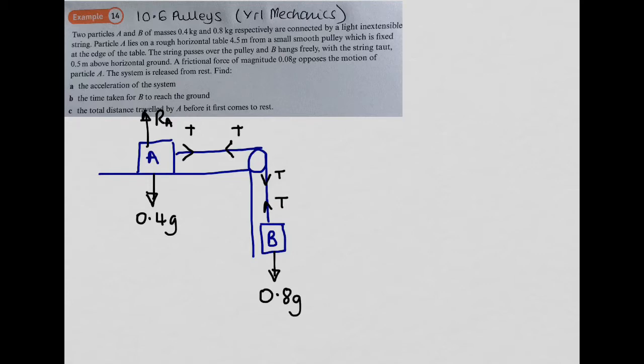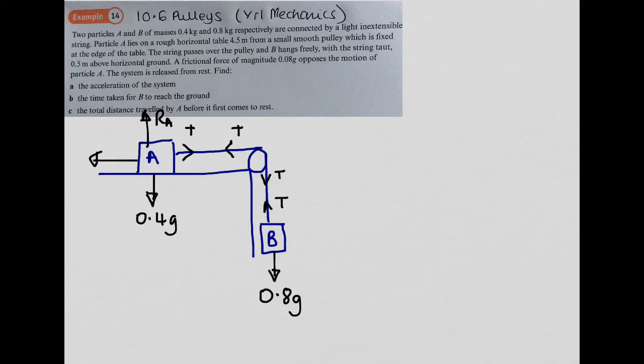Now, have I got any other forces here? The frictional force. So it's quite important we go through and make sure we have included all the information. It does include that it's 0.5 metres above the horizontal ground. I could well come back and put that in as well, but I won't at the moment. So the frictional force is going to act in that direction, and I'll explain why in a moment.